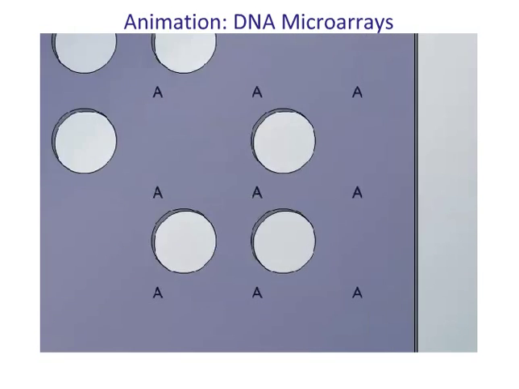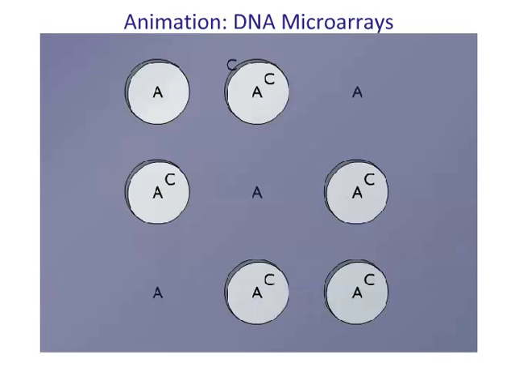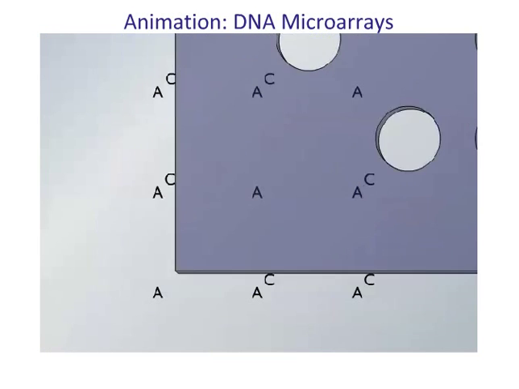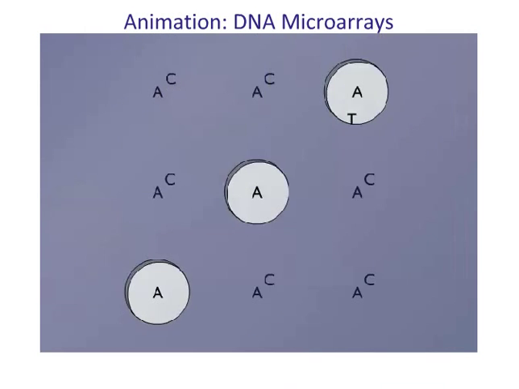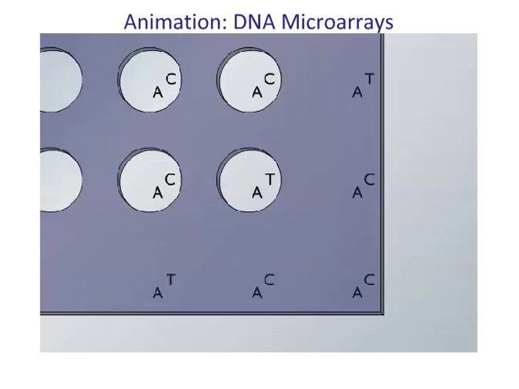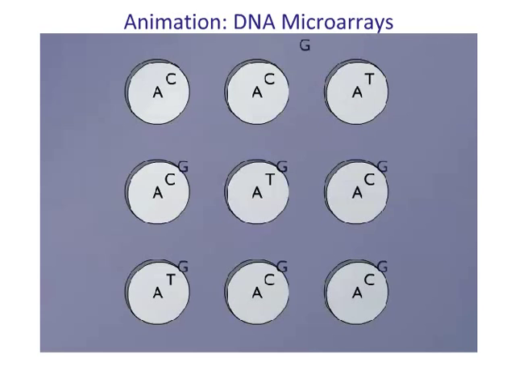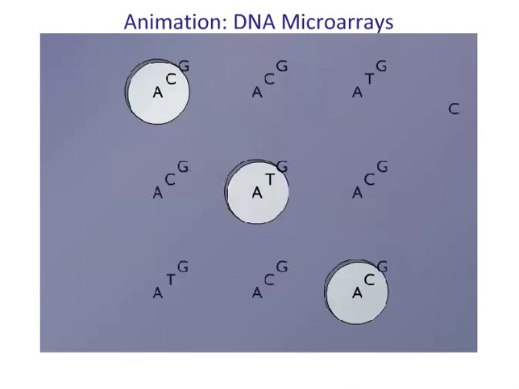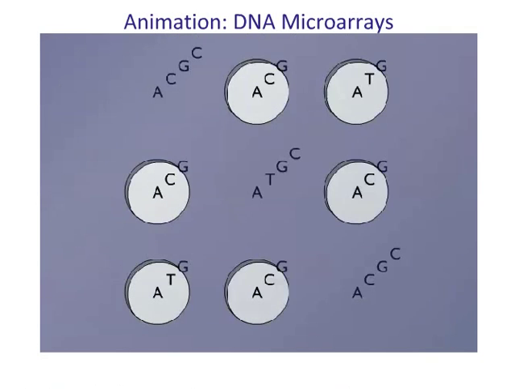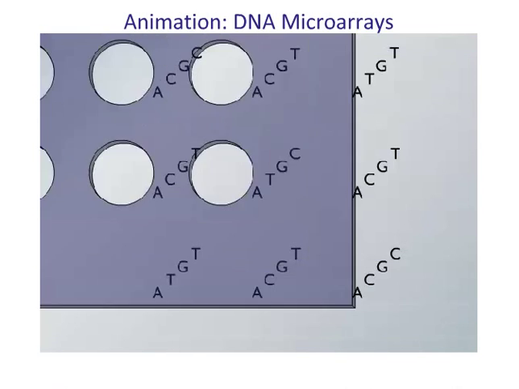The mask is then replaced by another mask which exposes sites for the addition of the next nucleotide. This process is repeated until all of the oligonucleotide probes, each with a known sequence and position, are synthesized. Although only 5 nucleotides are shown in the oligonucleotides of this animation, there are usually 15 to 25 nucleotides in length in the microarray.